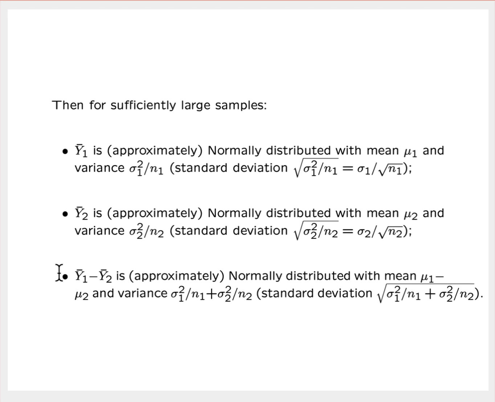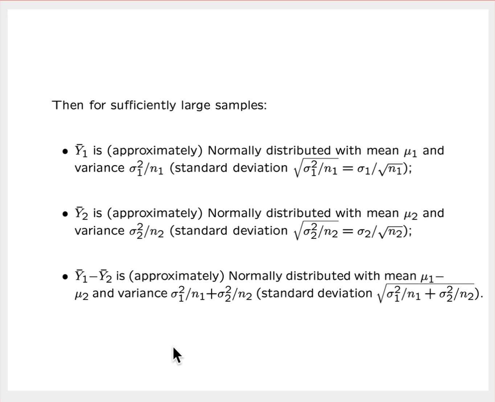All right? Now, let me also point out that if the two populations are exactly normally distributed, then y bar 1 minus y bar 2 will be exactly normally distributed. However, if the populations are not exactly normally distributed, then as long as the samples are both sufficiently large, y bar 1 minus y bar 2 will be approximately normally distributed.